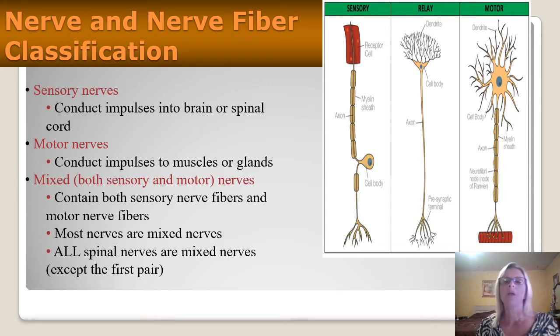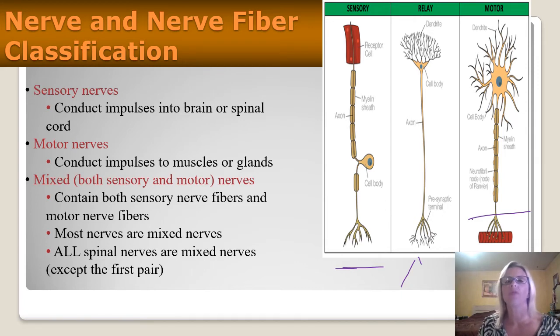All right. They tend to have long dendrites with short axons, and you can see this over here. We've got sensory nerves right here, motor nerves here, and then these are going to be more like your interneurons. Okay, it says relay, it's going to be kind of like an interneuron. And so sensory nerves have long dendrites, short axons.